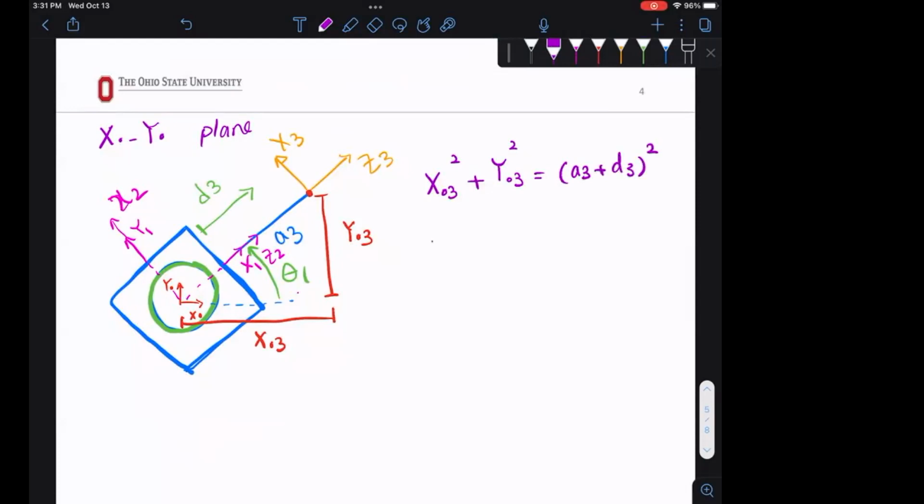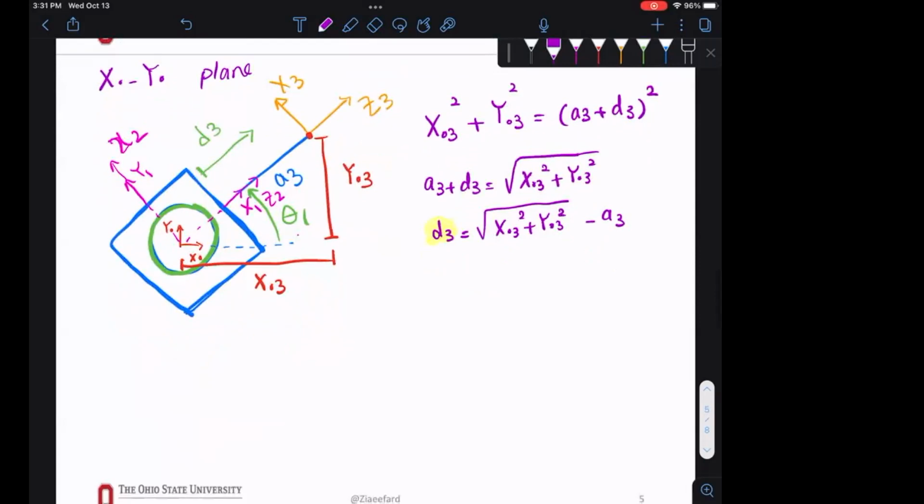Now I can say a3 plus d3 is the square root of x03 squared plus y03 squared. And then d3 is the square root of x03 squared plus y03 squared minus a3. All right, I found this little guy.